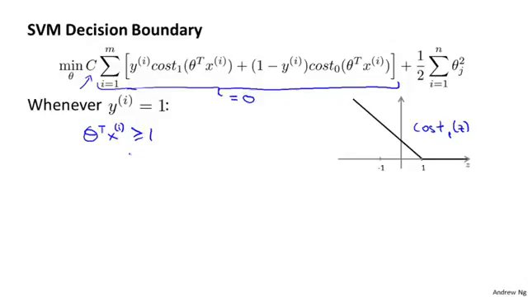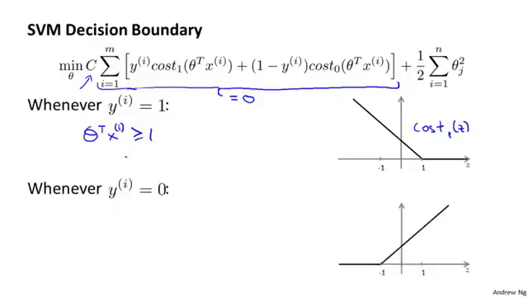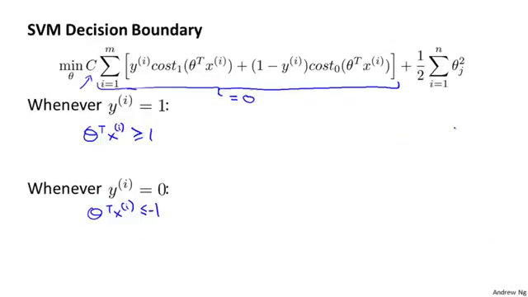And similarly, whenever we have an example with label 0, in order to make sure that cost 0 of z is 0, we need that theta transpose x i is less than or equal to minus 1.